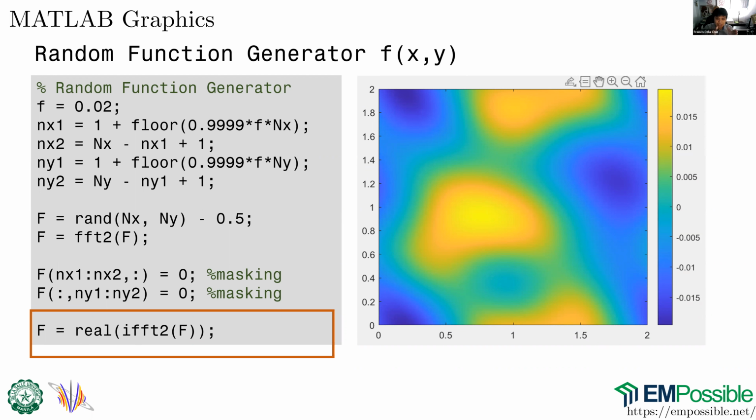So you need to use the real command to get the real values of this IFFT. That's the random function generator.